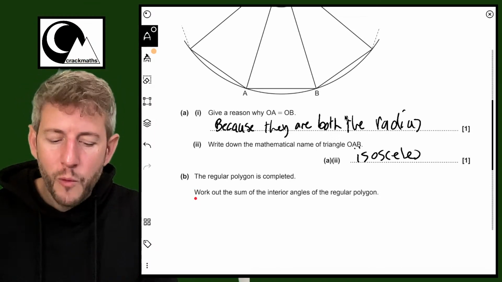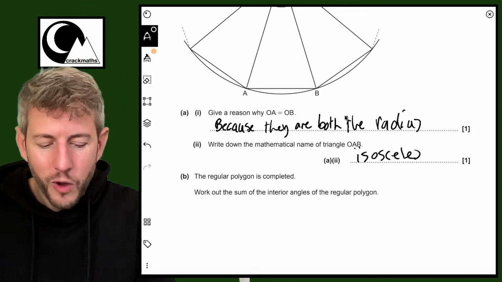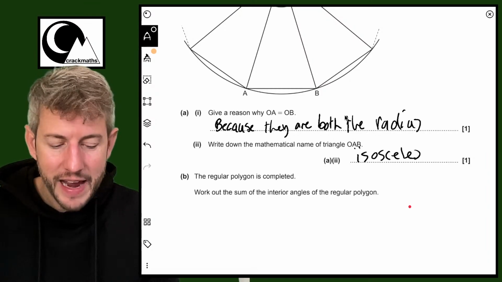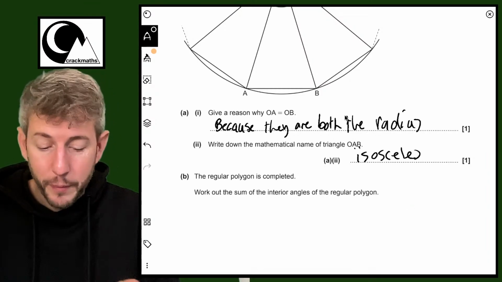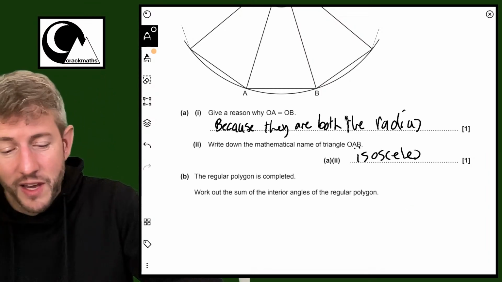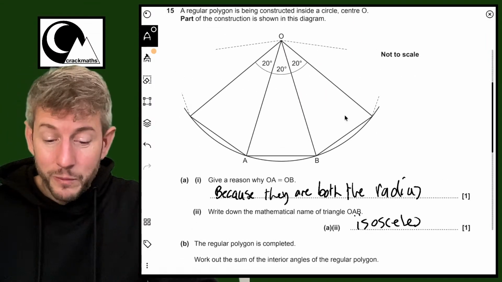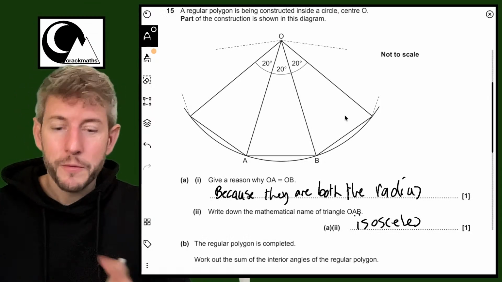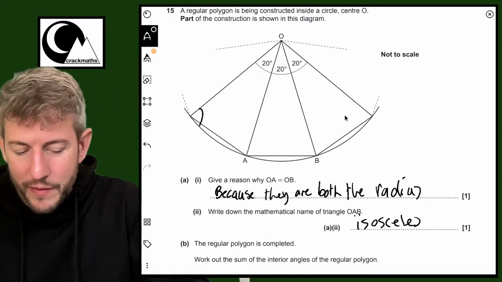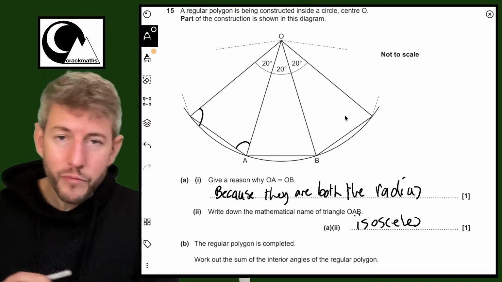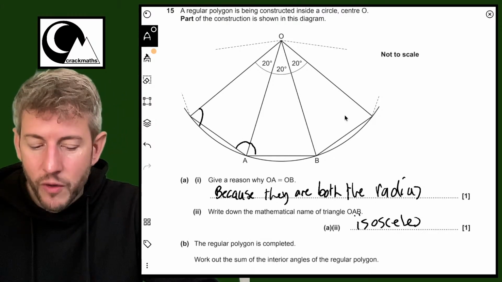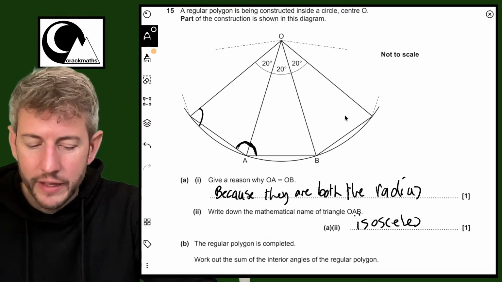Right. The regular polygon is completed. Work out the sum of the interior angles of the regular polygon. Well, there's two steps to this. One, we're going to have to work out the size of these angles, so that we could work out the size of one interior angle here.